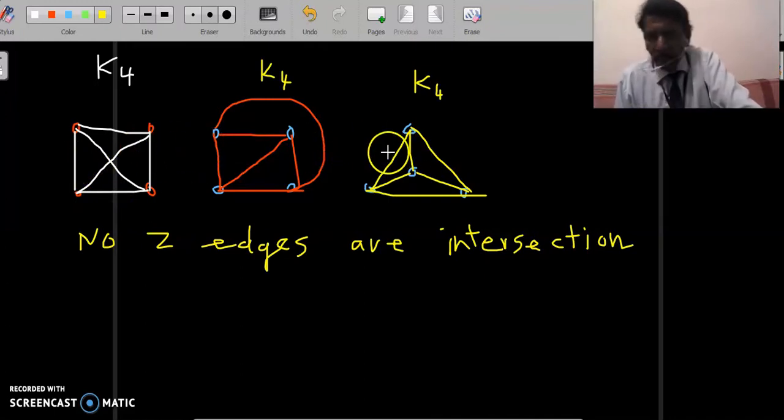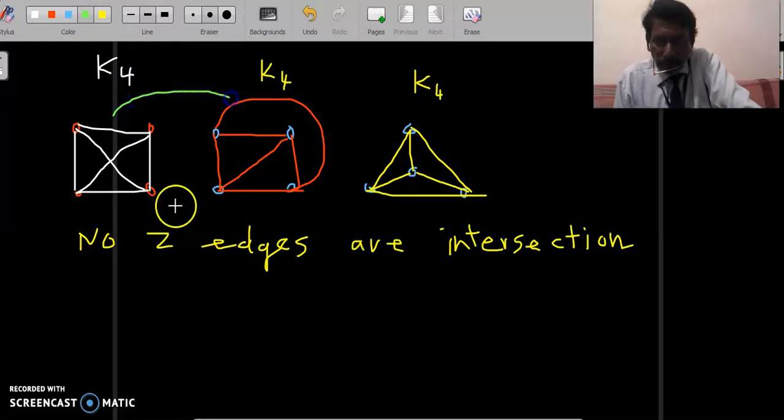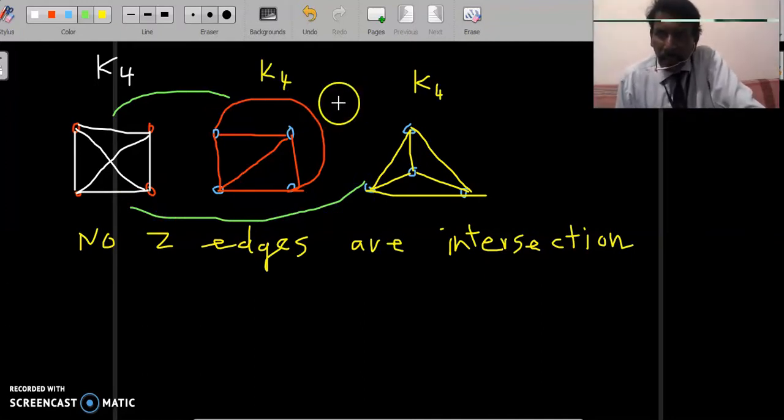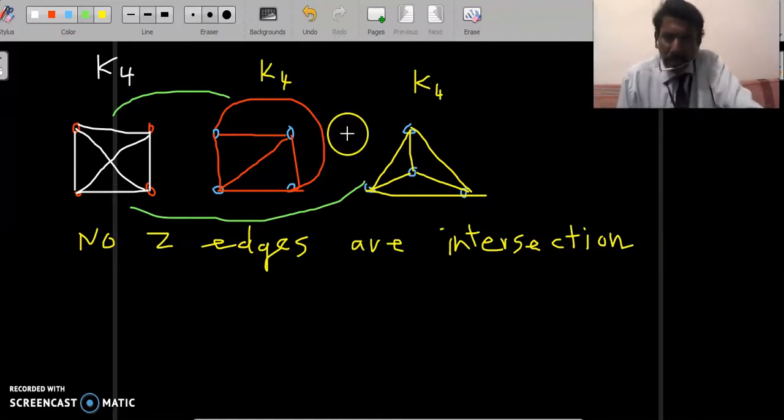All these are examples. But you look at this and this, and these two are called embeddings.